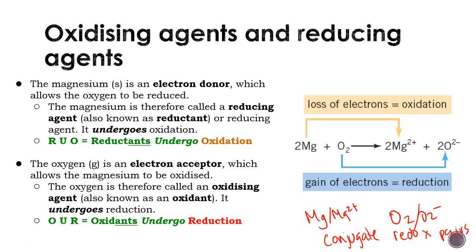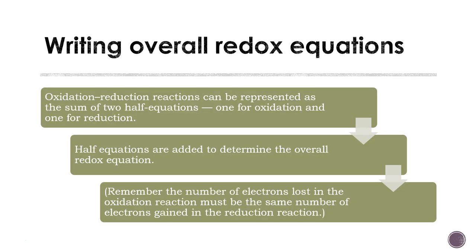Okay, and when we come to writing half equations, i.e. the 2 equations, one that shows oxidation and one that shows a reduction, we want to pull out the conjugate redox pairs from an equation. So when we write overall redox equations, the oxidation and reduction reactions are represented as a sum of 2 half equations, one for oxidation and one for reduction, using conjugate redox pairs.